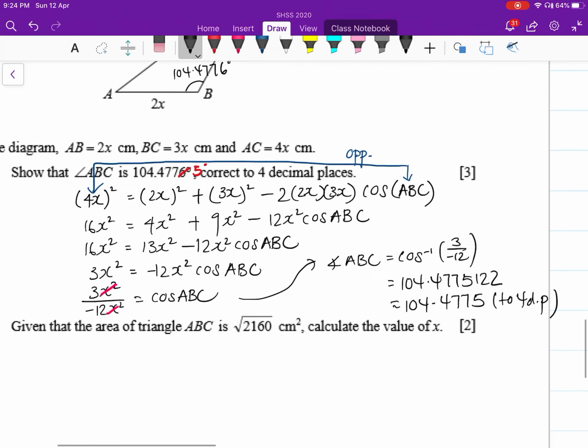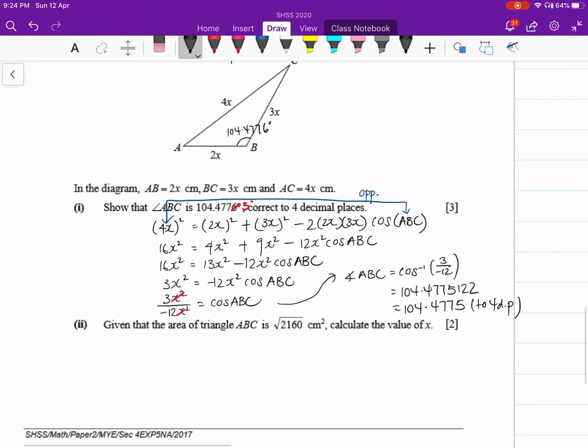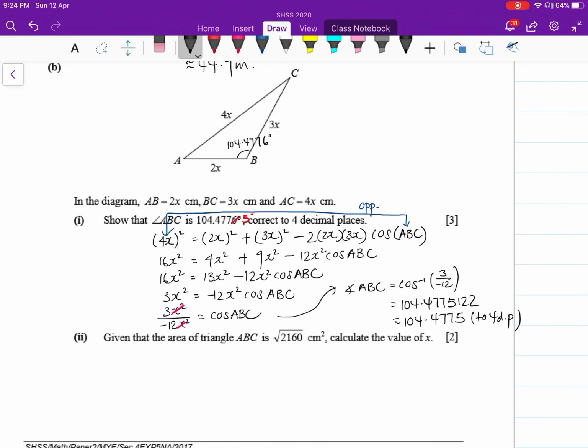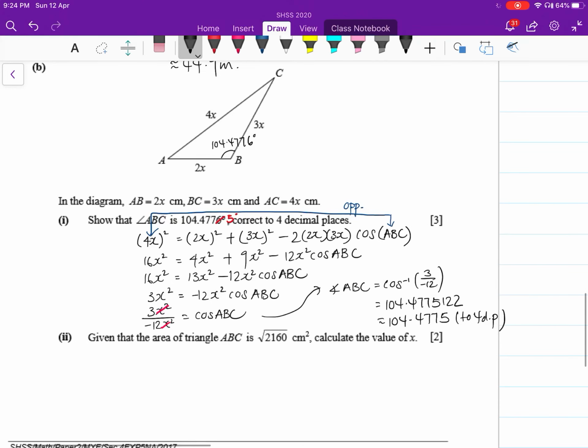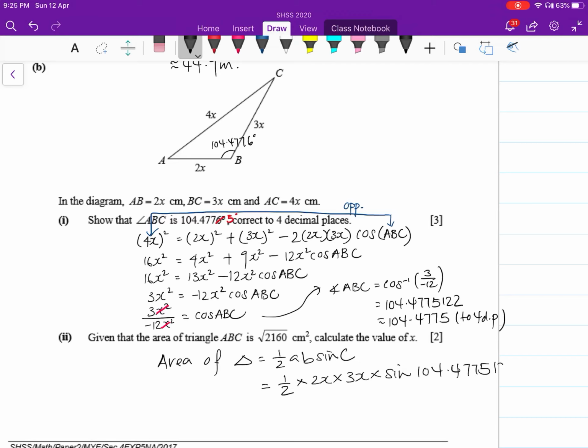Alright. Now, given that the area of triangle ABC is square root 2160, calculate the value of x. We can use the area of triangle formula. Area of triangle formula is half ab sine C, which is essentially half times 2x times 3x times sine 104.4775122, and the area of triangle is square root 2160.